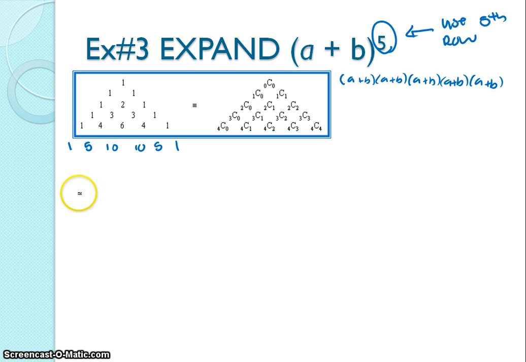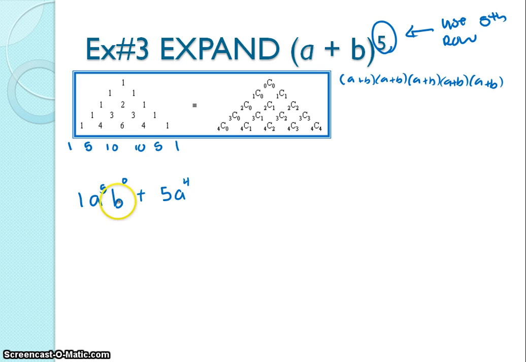So the first number would be 1, and then a to the biggest power, which would be a to the 5th, because if we were to multiply all those a's together, we get a to the 5th, times b to the 0. Okay. Now I'll just show you the pattern, then we'll come back to it. The next binomial coefficient for the number in Pascal's triangle would be 5, and then a to the next biggest number, 4th, so 5 and then 4.